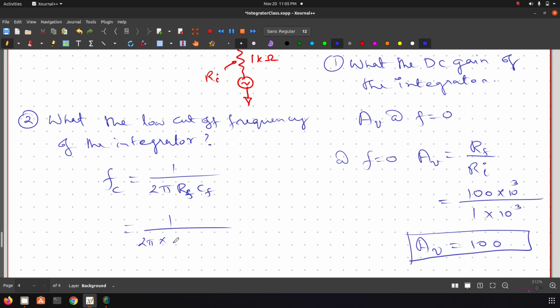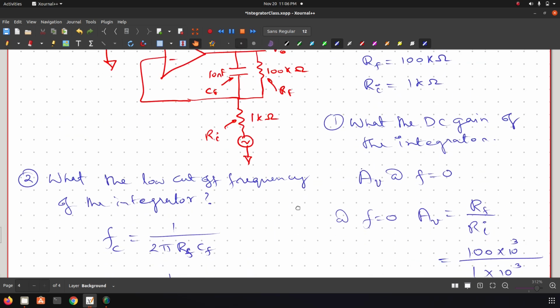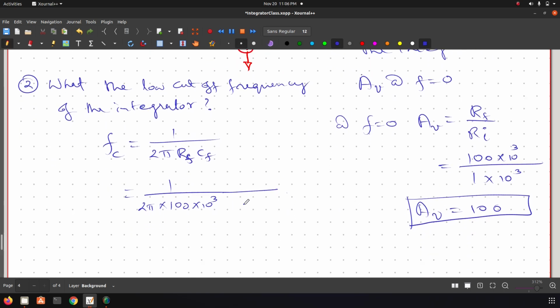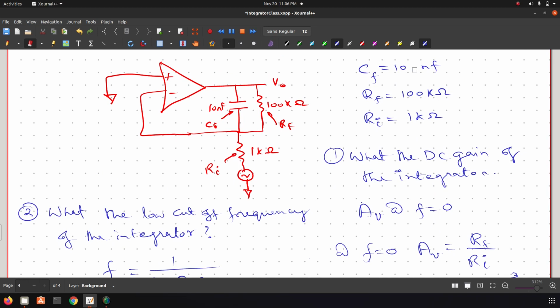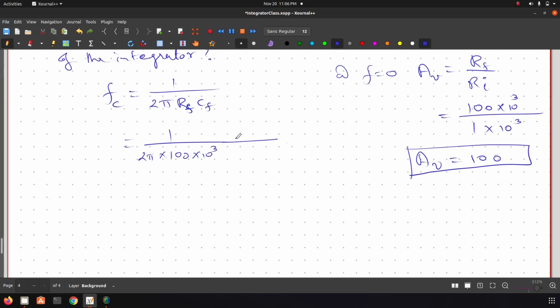RF is 100K, therefore 100 into 10 power 3, and CF is 10 nanofarad, sorry, it's 10 nanofarad. Therefore 10 into 10 power minus 9.